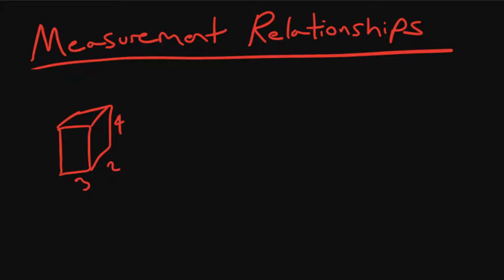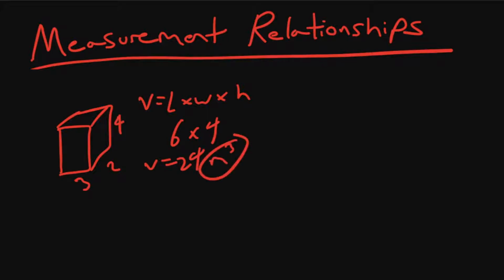The volume of this is just length times width times height. Very simple stuff. 3 times 2 is 6 times 4 is 24. If this was in meters, then you would have meters cubed. Remember, the units always matter.